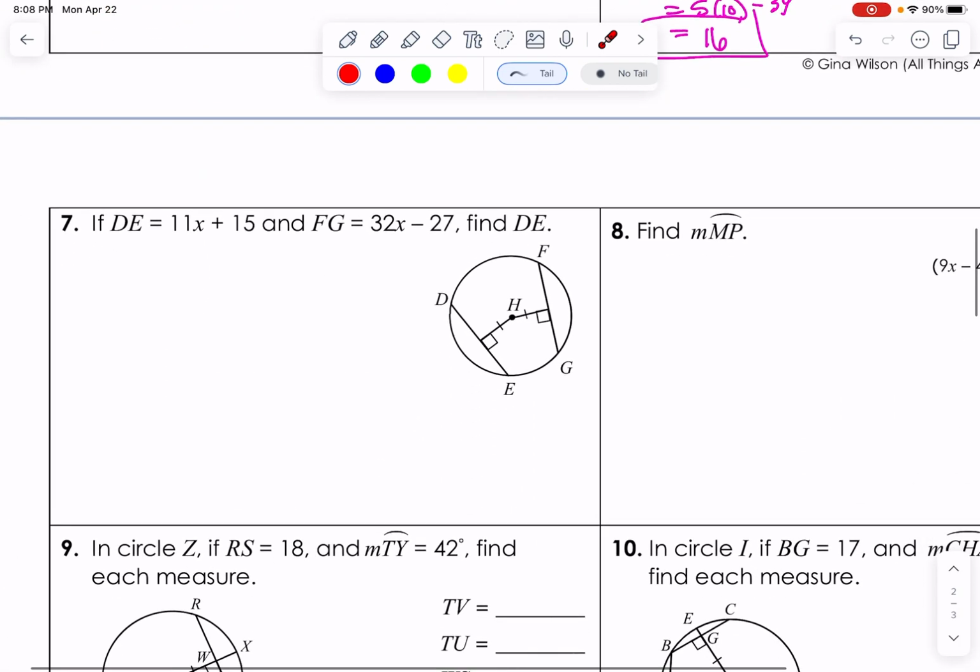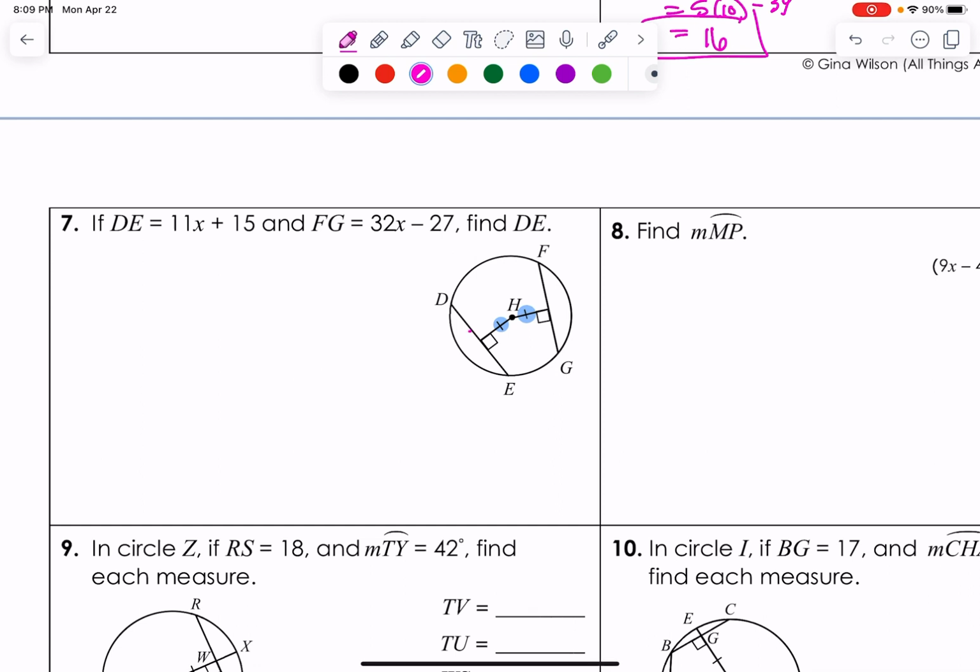All right, let's look at number 7. So this time, what you're given is the idea that the two chords are equal distance apart, and they're perpendicular. So now, based on this diagram, these four pieces are the same. Probably should use a different mark.